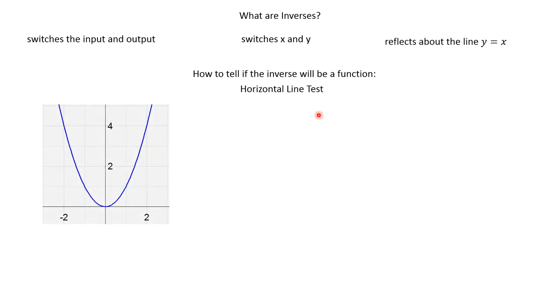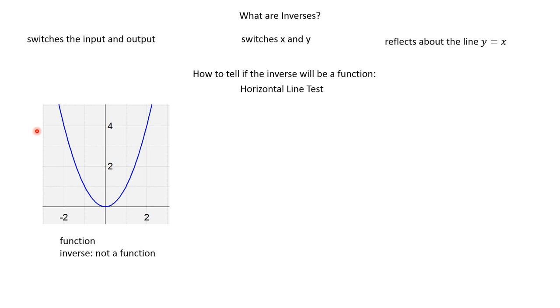So let's take a look at some. Here we have a quadratic. The vertical line test, hey, we only hit it once each time, so it is a function. But then the horizontal line test, we hit it in a couple different places when we draw horizontal lines, which tells us that the inverse will not be a function.